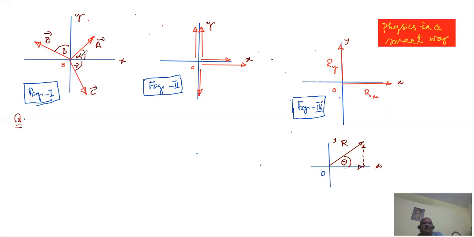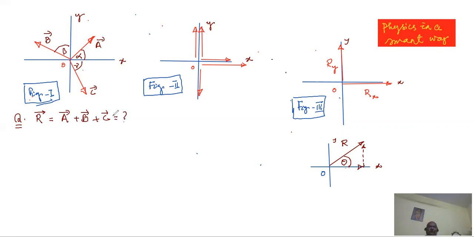Now we are in the second part of the issue. Basically, our job was to find the resultant. So if the resultant vector is R, then R must be the sum of vector A, vector B, and vector C. That is the question we are involved with.